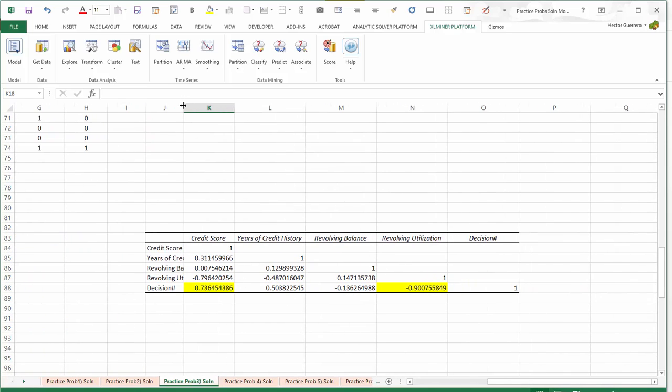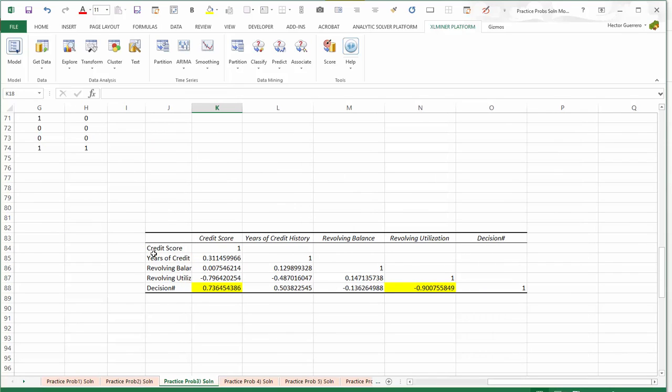And the correlation matrix tells us how one variable is correlated to another. In other words, credit score is correlated to credit score perfectly. They're the same. Years of credit are correlated to credit score at about positive 0.3. Decision and credit score are related about 0.74.